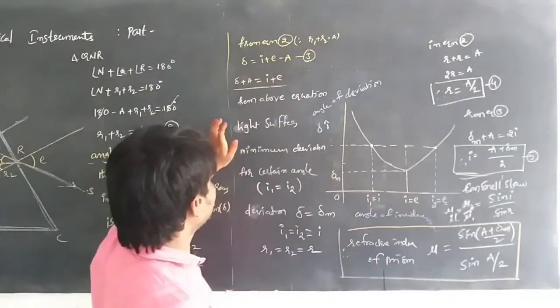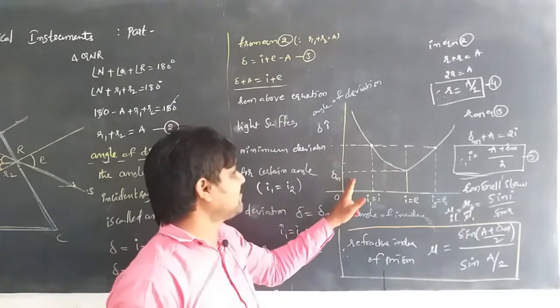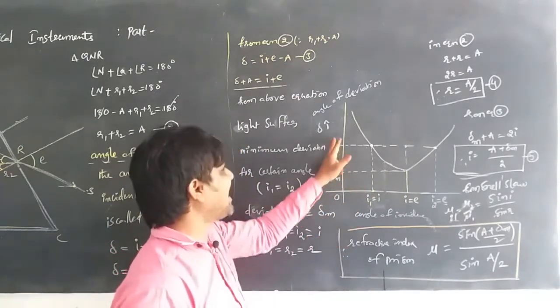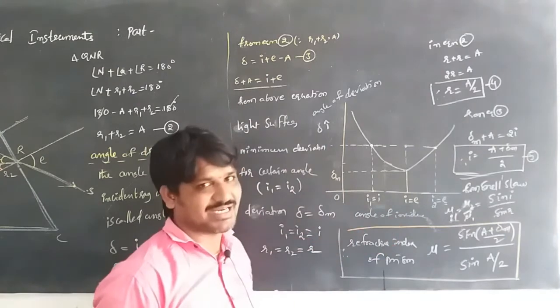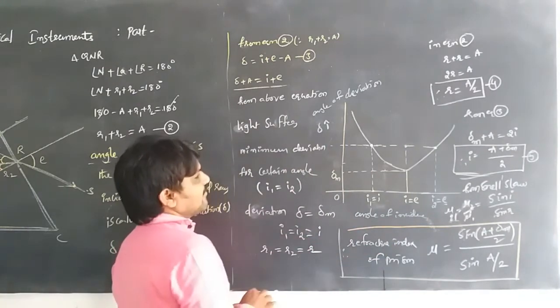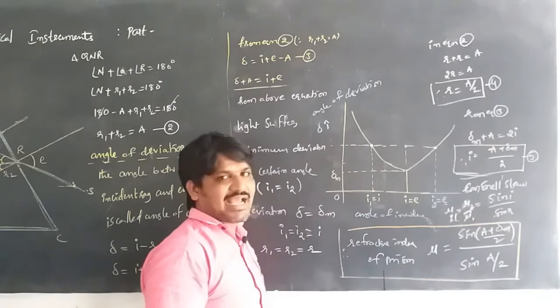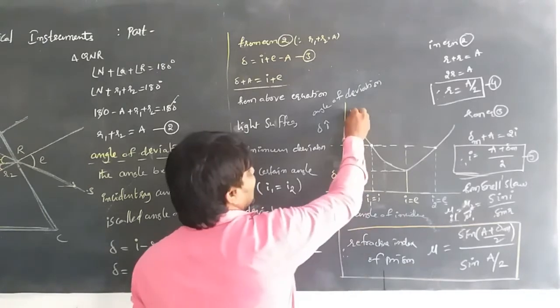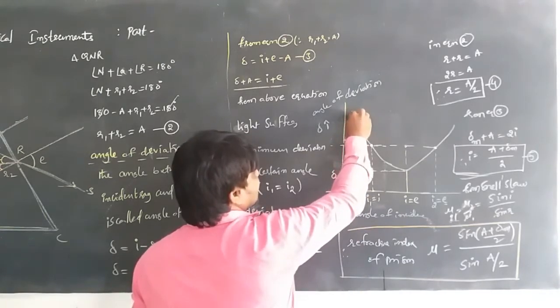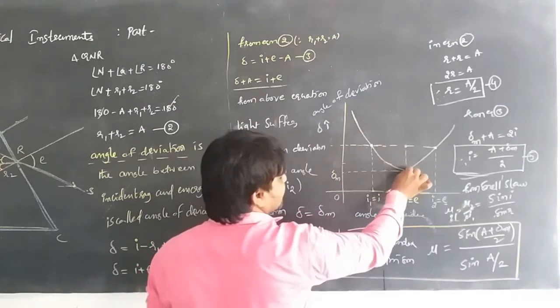From the above equation, if we plot a graph between the angle of deviation and the angle of incidence, we can see that initially, as the angle of incidence increases, the angle of deviation decreases, passing through a minimum deviation.